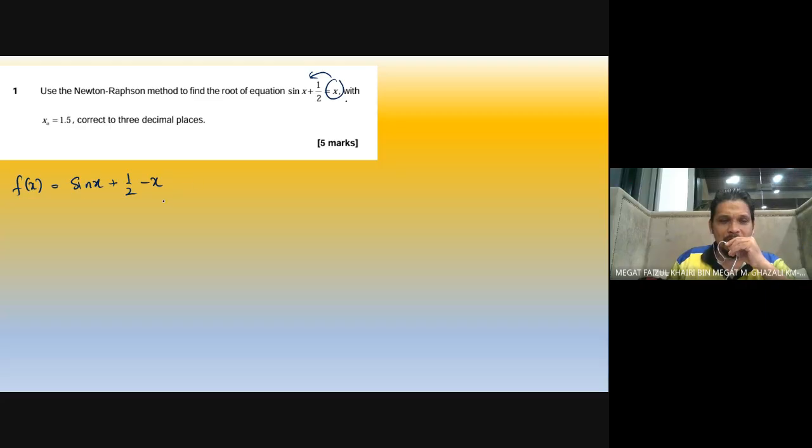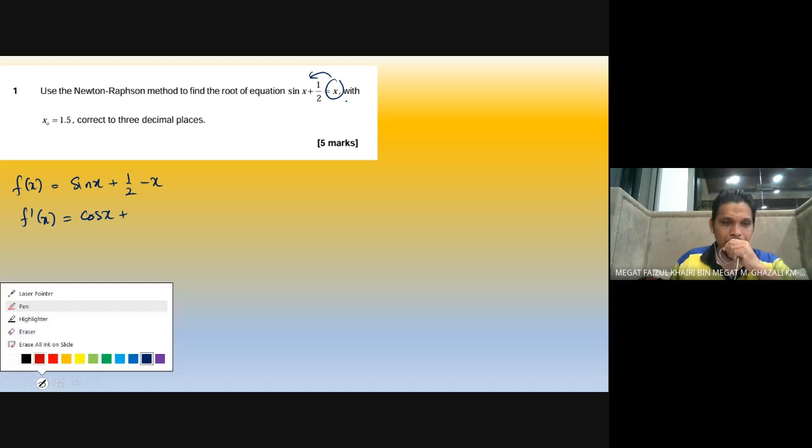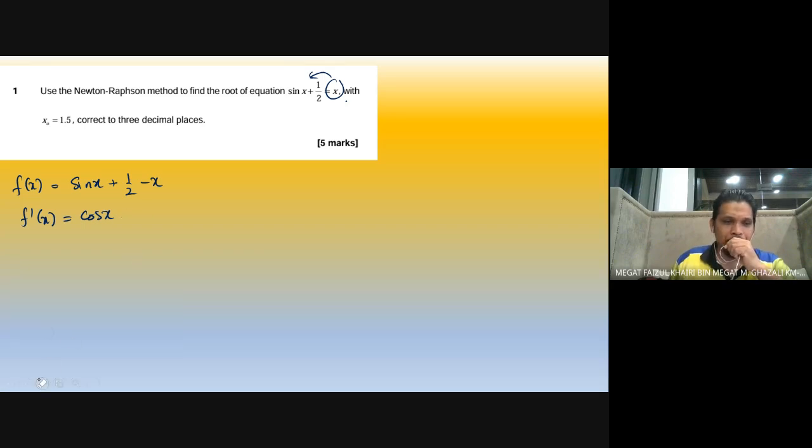So the whole of this becomes the new function f(x). Differentiate: f prime x equals cos x, differentiating the constant half gives 0, and differentiating negative x gives minus 1. So this is f prime x.